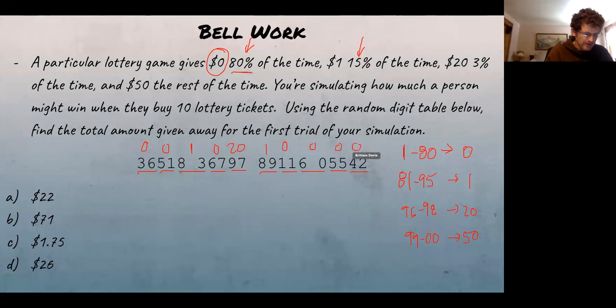So it looks like after the simulation, my cumulative total is $22. All right, so that is how this simulation would have gone. And hopefully if you didn't get that or you weren't on the right track, hopefully you see where you went wrong.